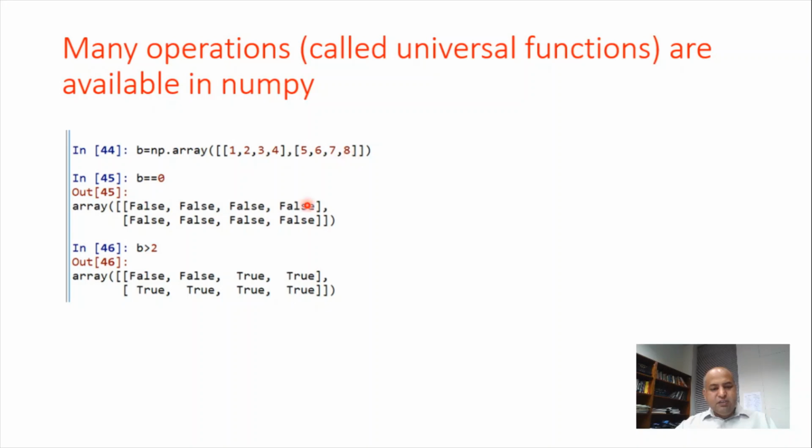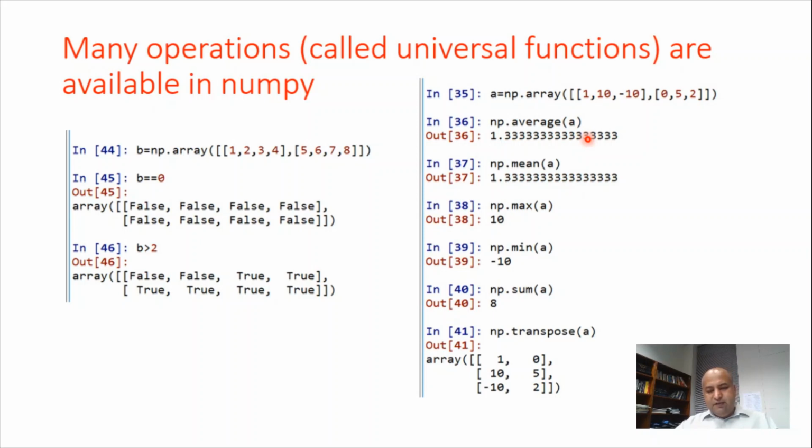Since none of these is 0, we get false everywhere. And this is another array which has an element as true if the number is greater than 2, and false if the number is not greater than 2. For example, 1 is not greater than 2, 2 is not greater than 2, so I get false, false. But for 3, 4, I get true, true, and then true, true all the way here.